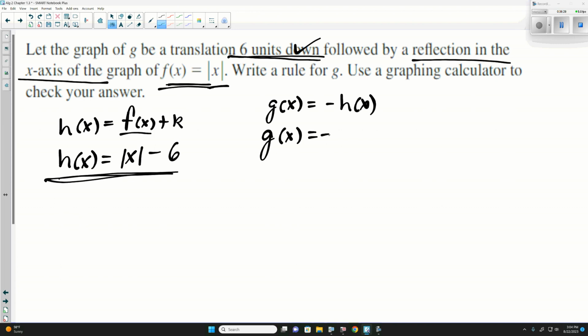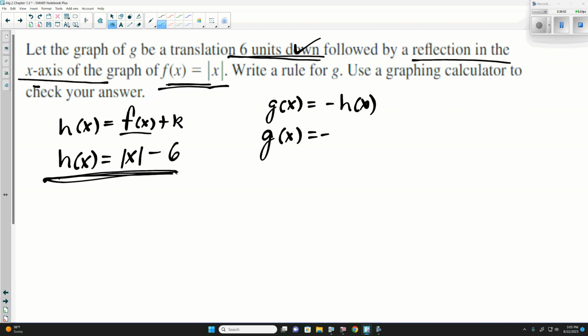So we want to do a reflection in the x-axis. Reflection in the x-axis when we're doing it to f of x is negative f of x. Since we're not talking about f of x anymore, we're talking about this function h of x, you just put that over there. Yeah, because we're doing the x-axis.